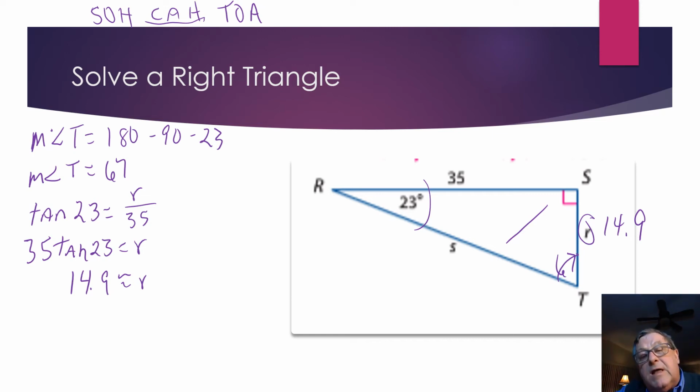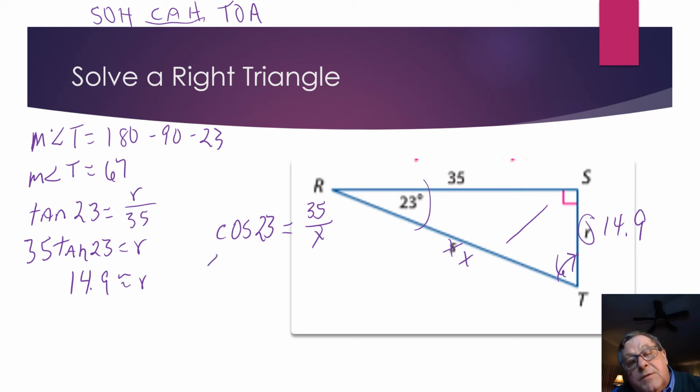And so then we could say, I'm going to go over here, maybe got a little bit more room, that the cosine of 23 is equal to 35 over, I don't like to use s because it looks like a 5. I'm going to say x over x. I'm going to substitute x for s. And let's multiply both sides by x. This would give us x times the cosine of 23 equals 35. And to isolate the x, we're going to divide by the cosine of 23.